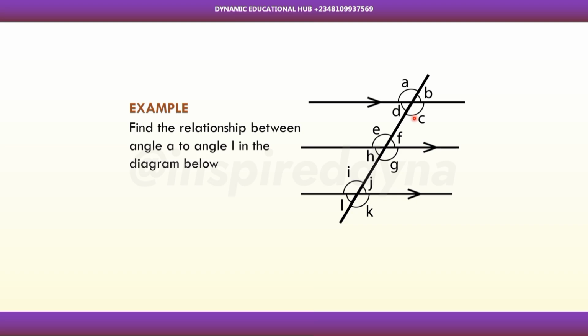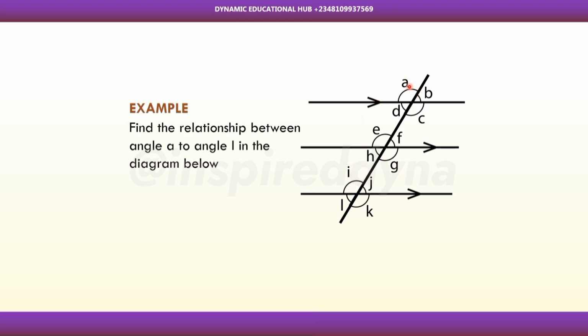Opposite angle equal. You can also say this A here is equal to this E here. Why? Corresponding angle. Angle occupying similar position. This A here is also I. Why? Corresponding angle, similar position.